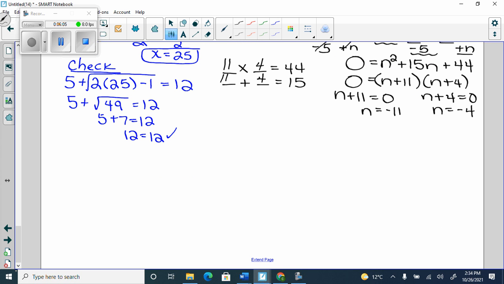I'm going to check n equals negative 11 first. So I'm going to get negative 11 minus the square root of 5 minus negative 11 equals negative 7. So I should get negative 11 minus, this is the square root of 16, which is 4.